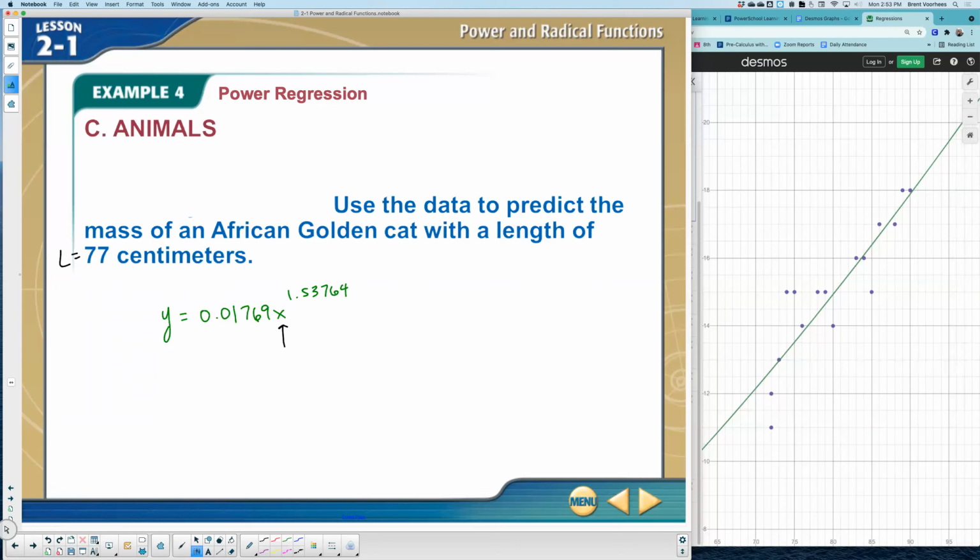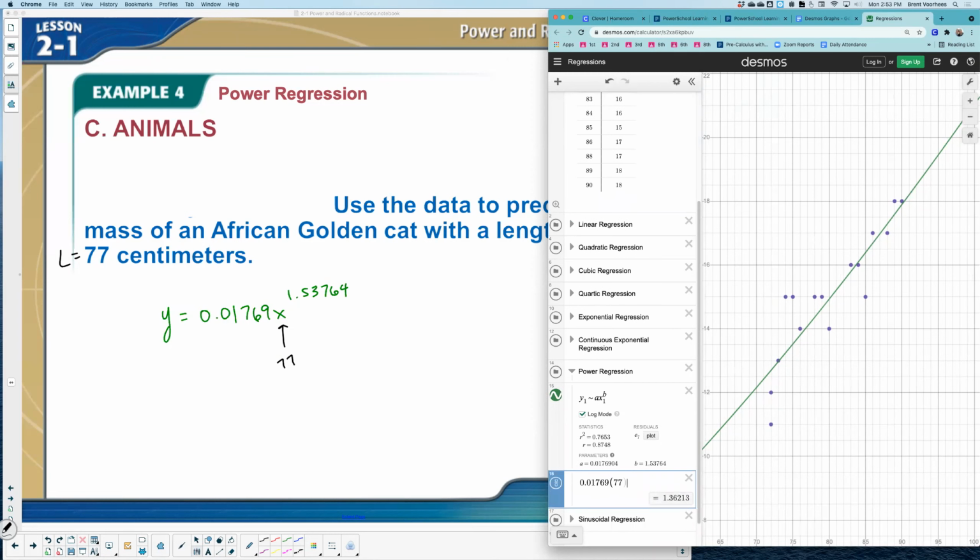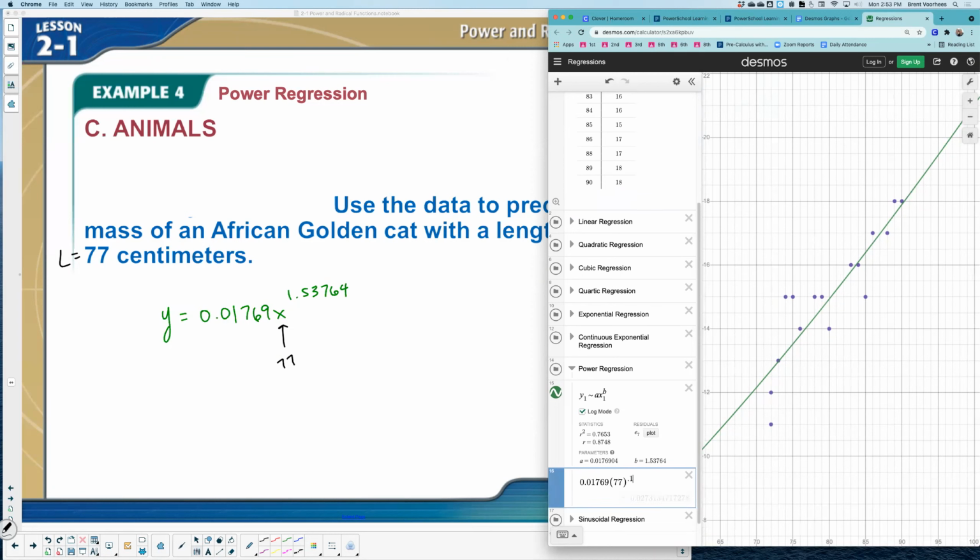I'm just going to plug in a 77 right there for x. So I'll do that on a new line here: 0.1769 times 77 to the power of 1.53764. And that's how I'd get my answer there.